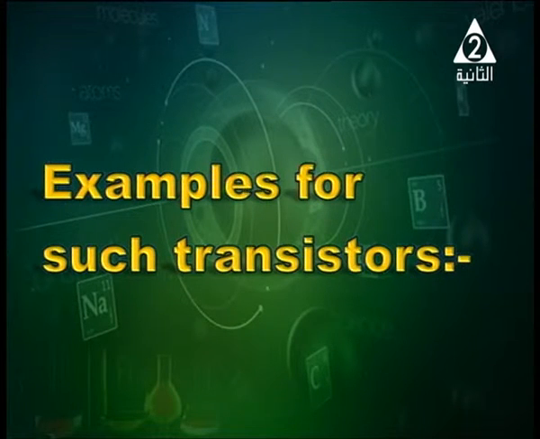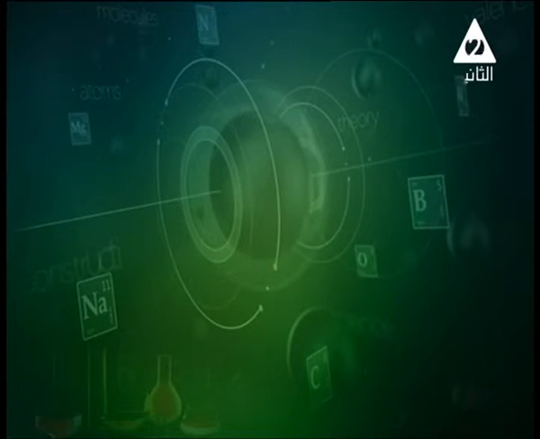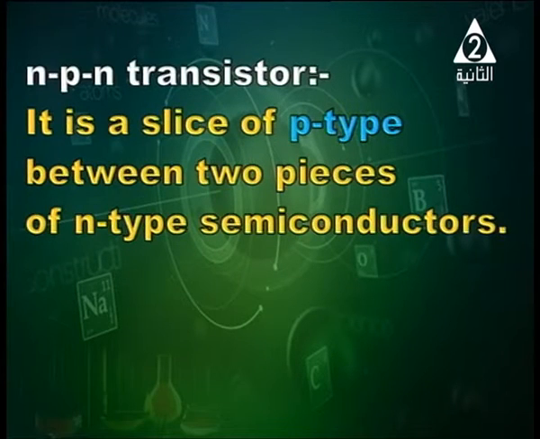Examples for such transistors. The first type is NPN transistor. It is a slice of P-type between two pieces of N-type semiconductor.